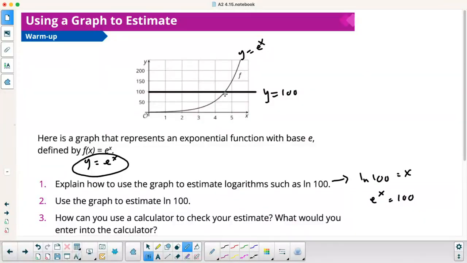And I'm going to see where they intersect, which looks like right there, which is about 4.6. Okay.